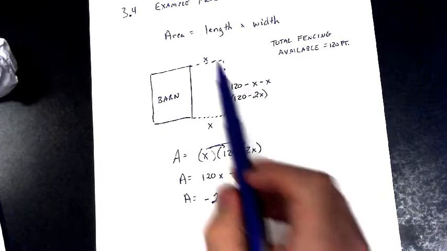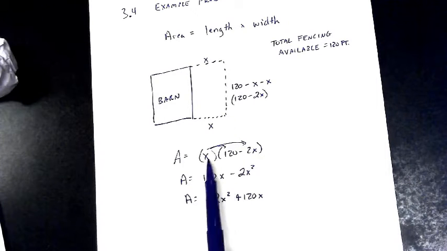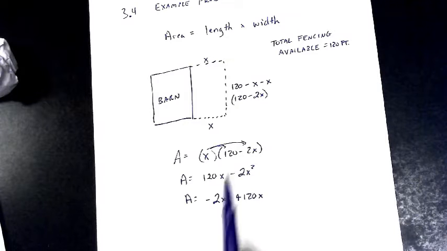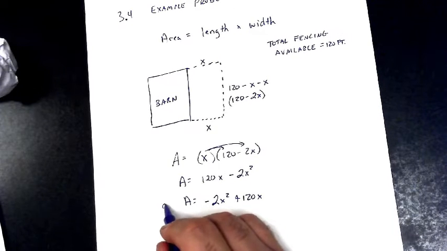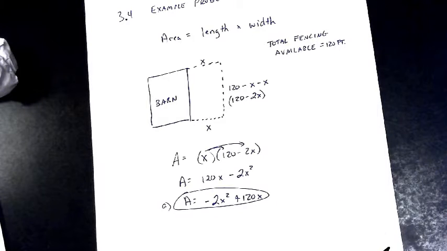Because remember, area is length times width. We found out what our length was, we found out what our width was, we've represented those quantities, and we've done the multiplication to give us an actual function. So this would be the answer to part A.